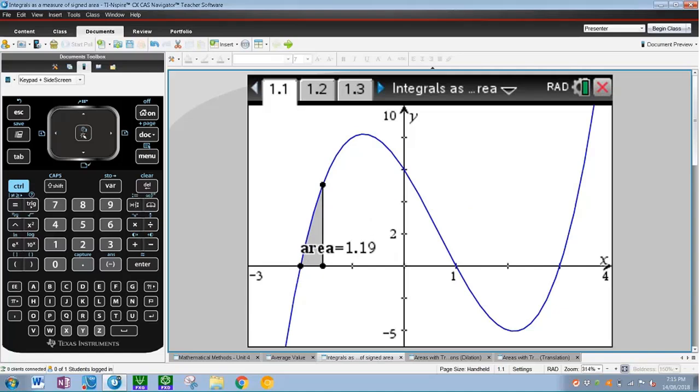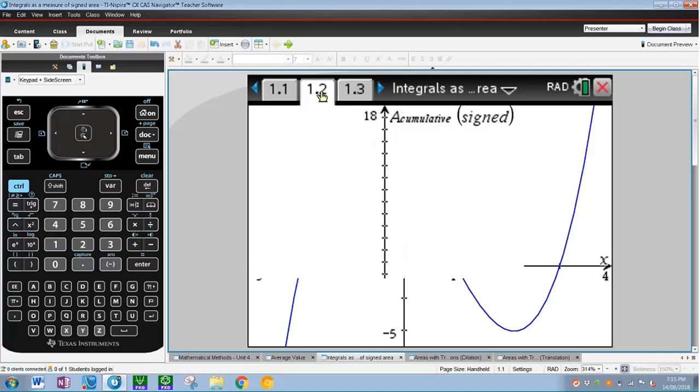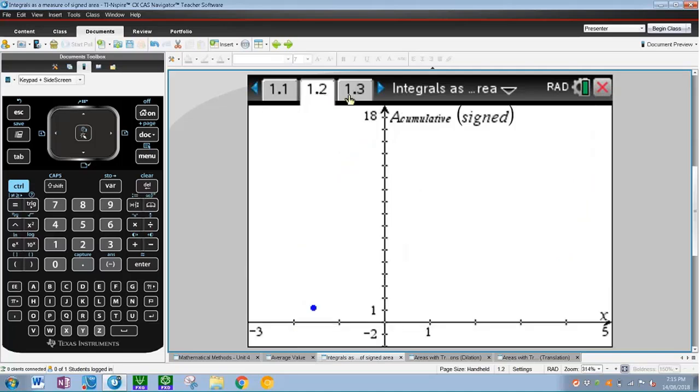As you can see, it's saying area equals 1.19. On page 1.2, I've got a graph of x versus the cumulative signed area. Currently that's our x value, -1.59 or so, as I said before, and the area is just above 1.